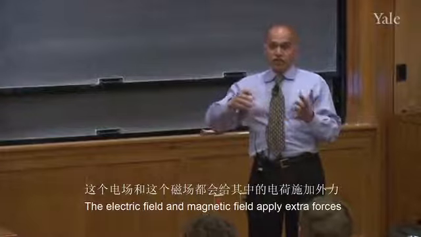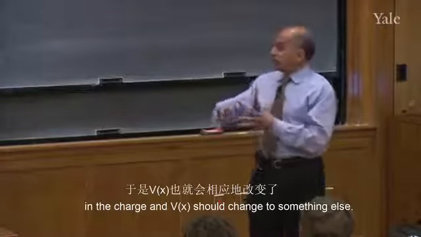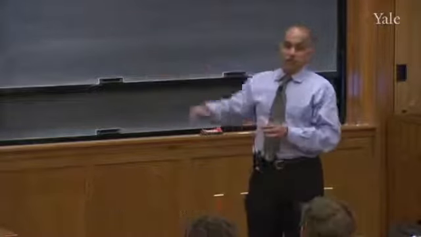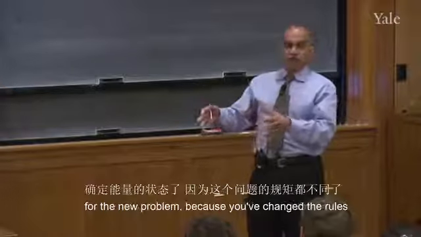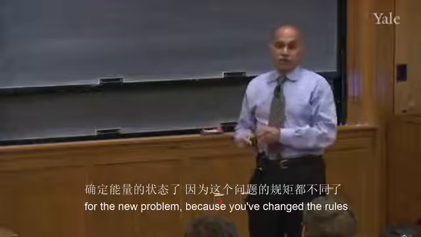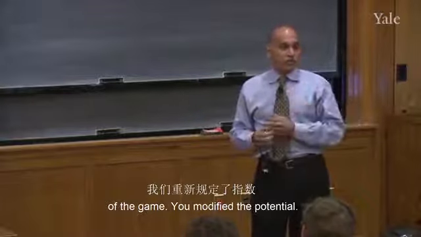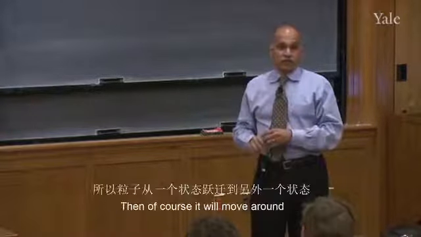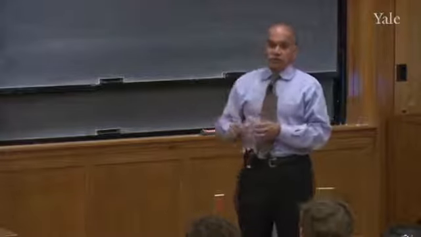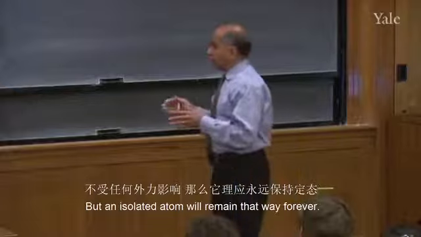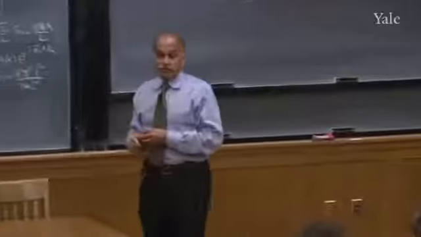The electric field and magnetic field apply extra forces on the charge, and V of x should change to something else. So this function is no longer a state of definite energy for the new problem, because you've changed the rules of the game. You modify the potential. Then, of course, it will move around and it will change from one state to another. But an isolated atom will remain that way forever.